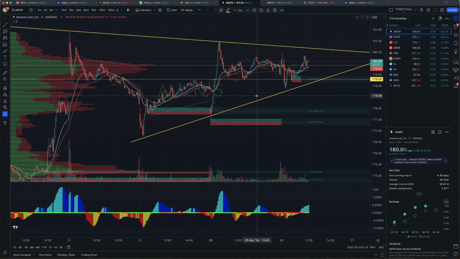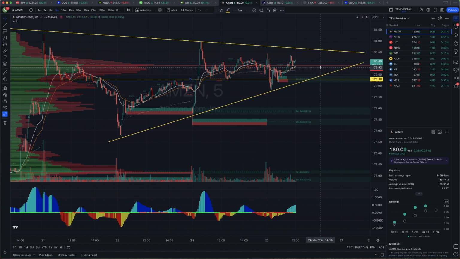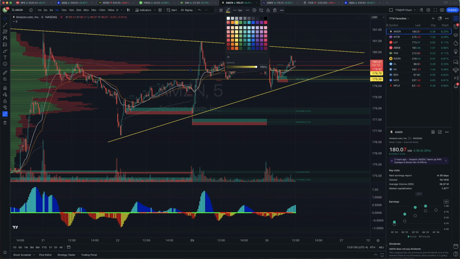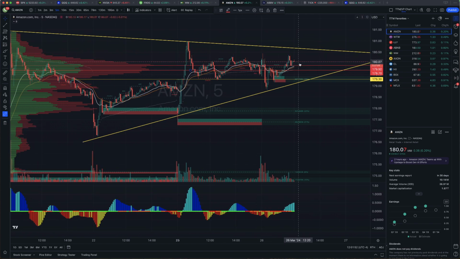So I would want to make sure that my risk was pretty well controlled. I'd actually love it off of VWAP today if it would give us that move. It's kind of this chunk right here, this red chunk.